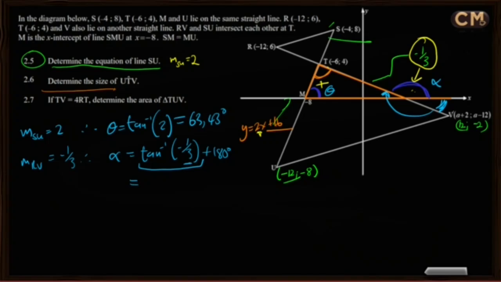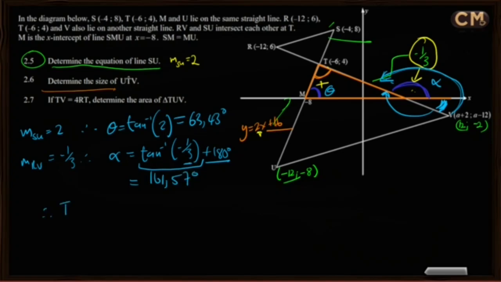Technically, I should have gone to the right, or anti-clockwise. I should have gone over to the left. So inverse tan applied to negative 1/3 gives us this angle, of course. And then all we'll do is go anti-clockwise, which is the adding of 180 degrees. So this all gives us 161.57 degrees.